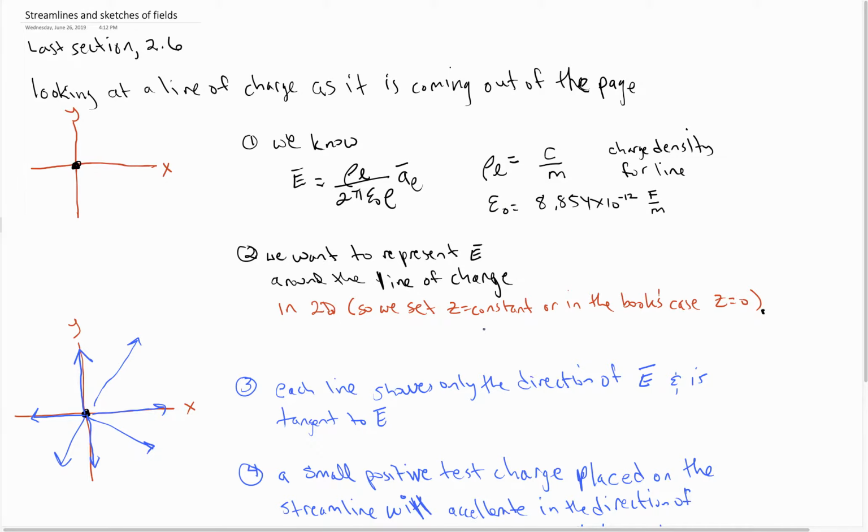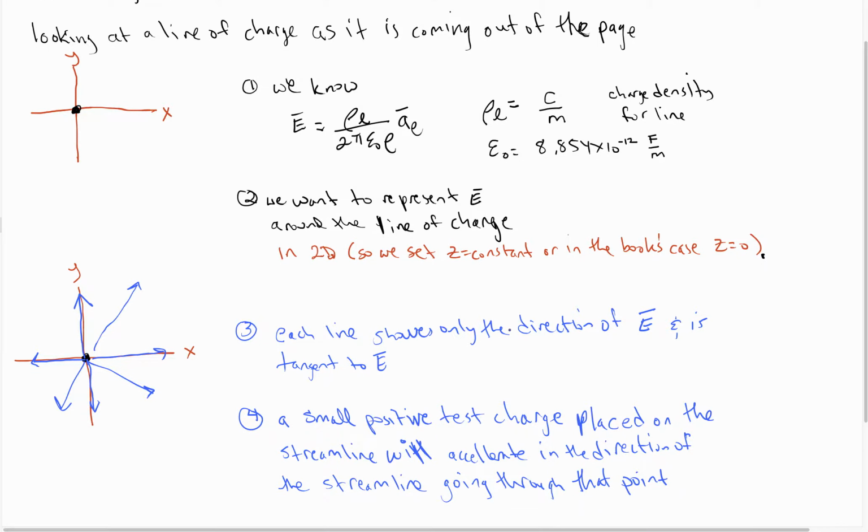Now I've redrawn this, and we have blue lines, and each one of these blue lines is roughly, it's badly drawn, but around 45 degrees apart from each other. They show the direction of the electric field, not really the magnitude. In the book they say if you wanted to illustrate magnitude, you could put the lines closer together, and places of high line density would be a higher intensity.